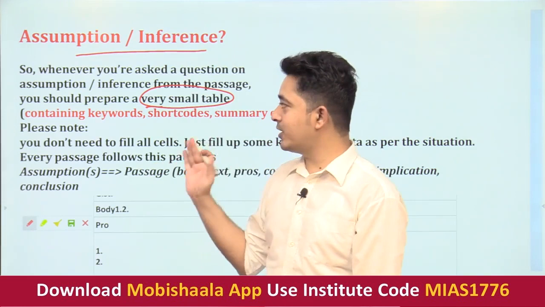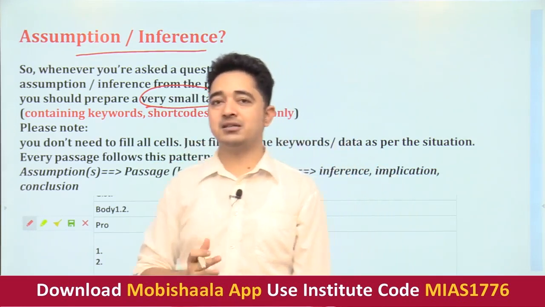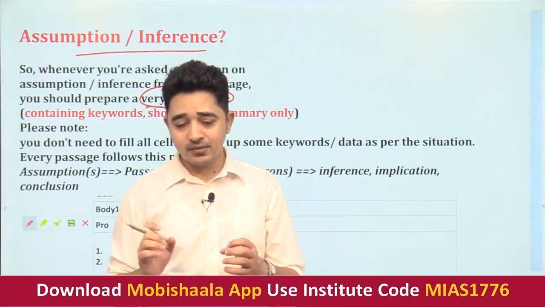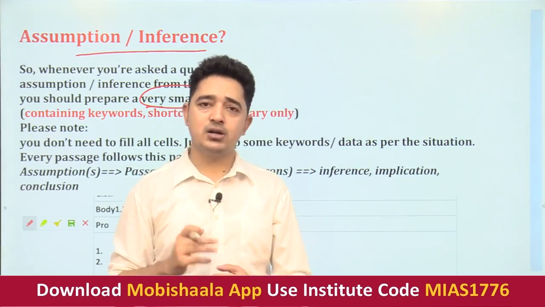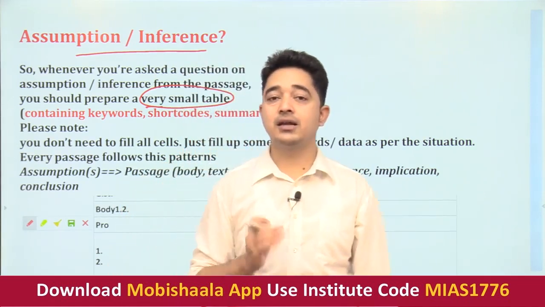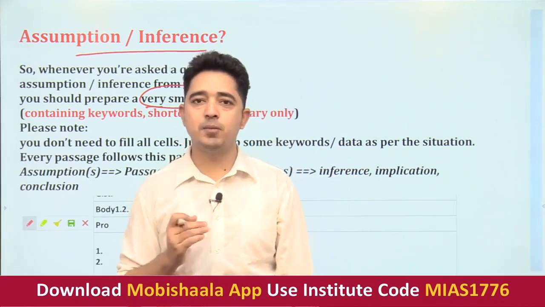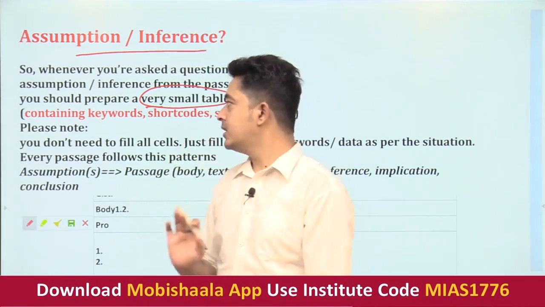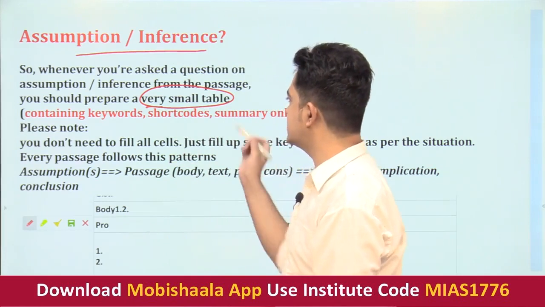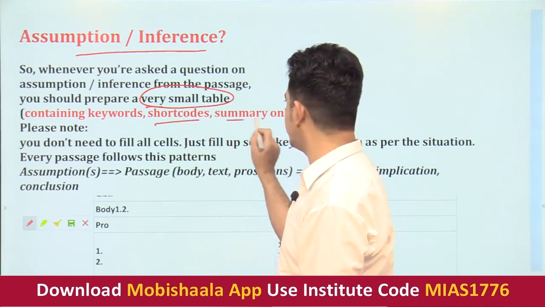Basically, the passage is not testing your reading skills. It is testing your comprehension skills, which means how much you comprehend the subject. So basically note down keywords, short codes, a summary only.